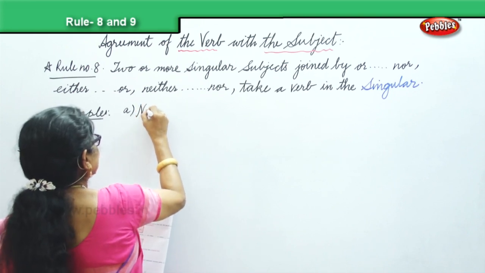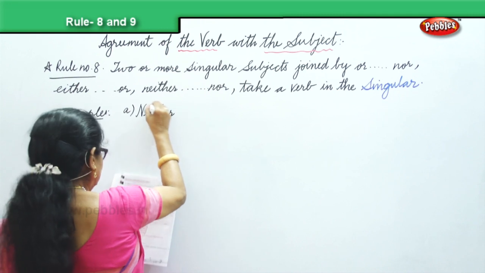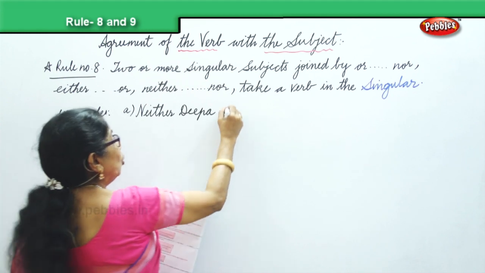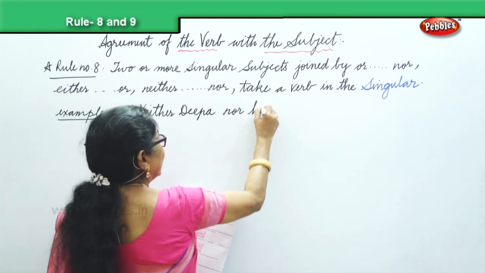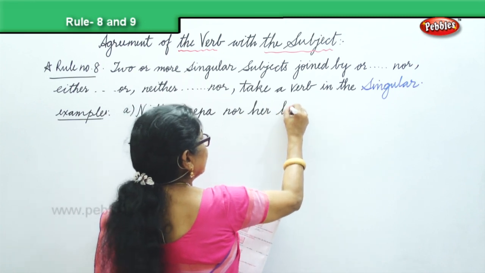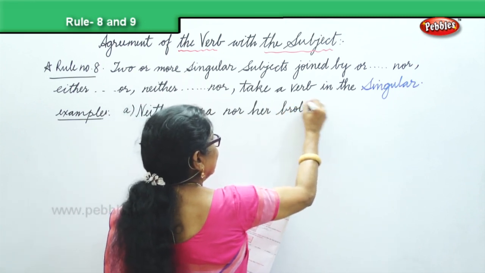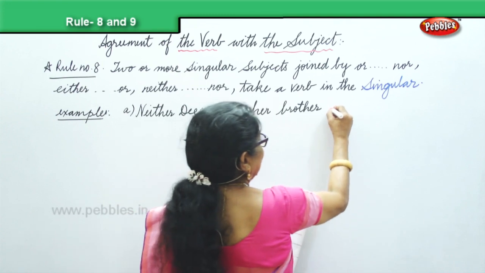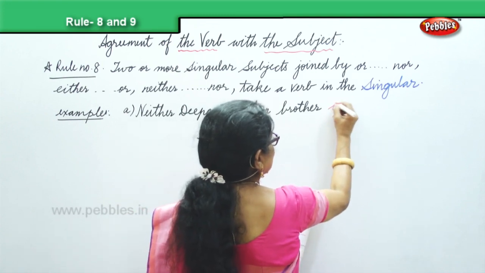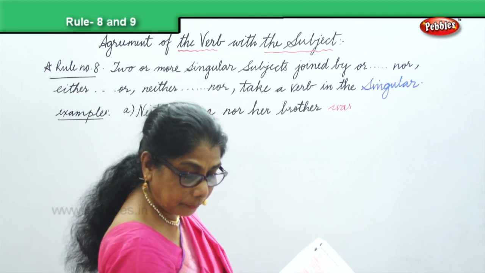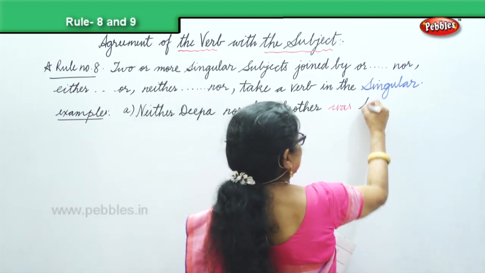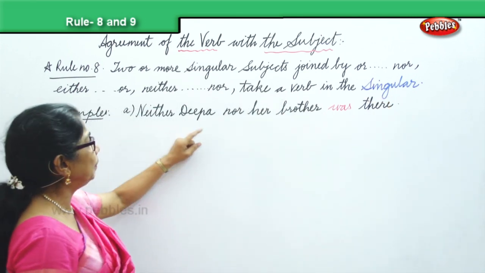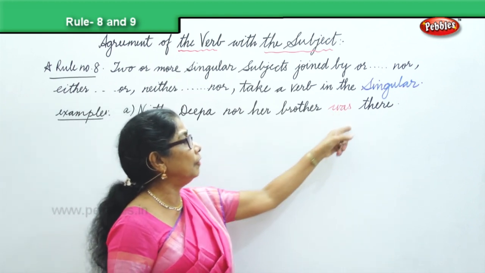Neither Deepa nor her brother was, singular form of verb, was there. Okay? Neither Deepa nor her brother was, the singular form of verb.